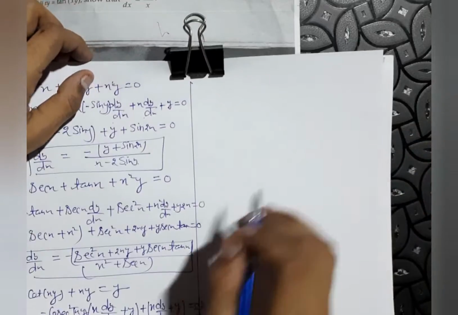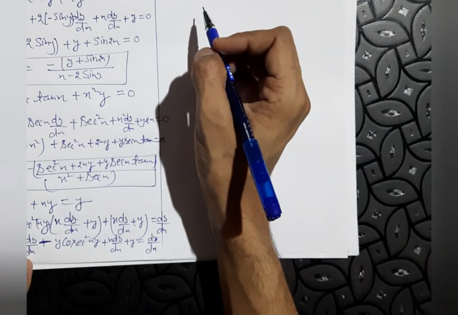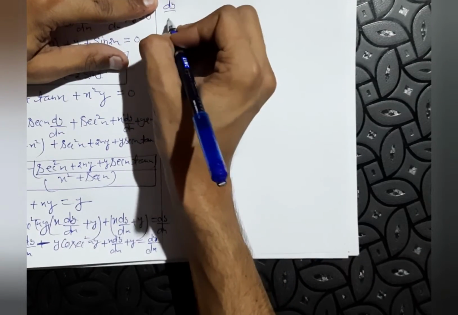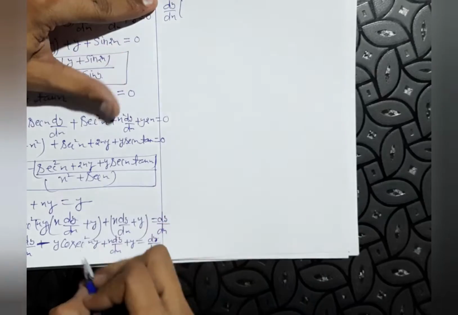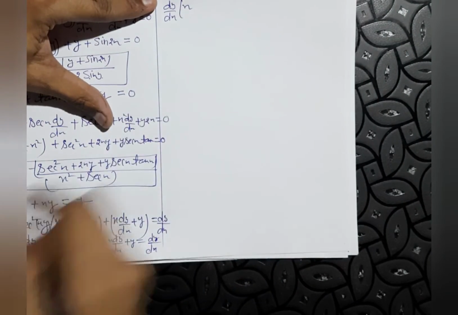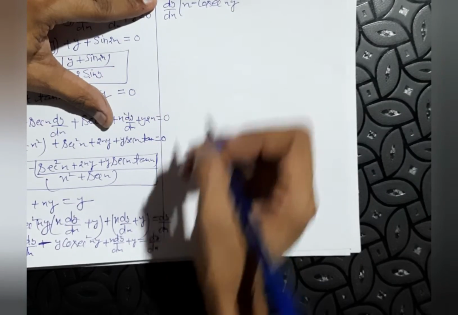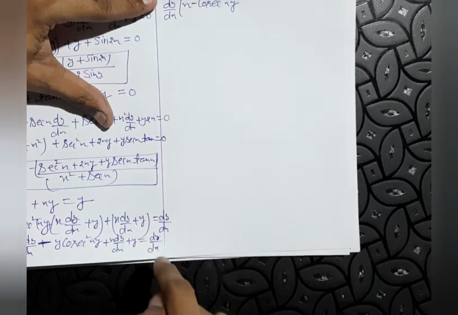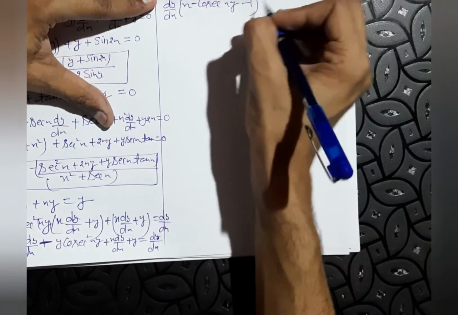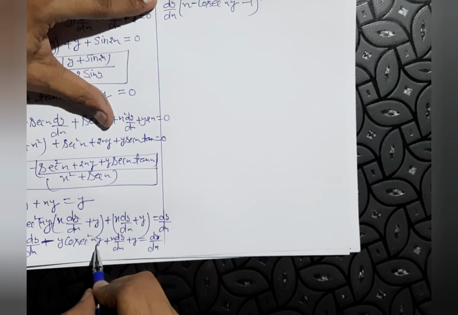Now let me take common the dy over dx from here, here and here. So after taking common I get dy over dx as this is x, this is minus cosec square xy, and from here minus 1 because when dy over dx goes into the LHS it will be negative, and the remaining terms are minus y cosec square xy and y.